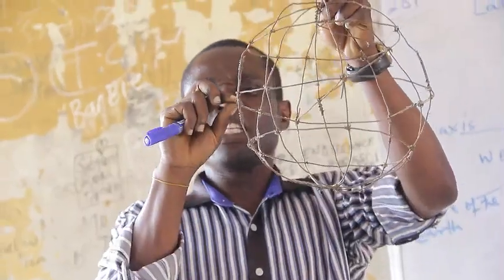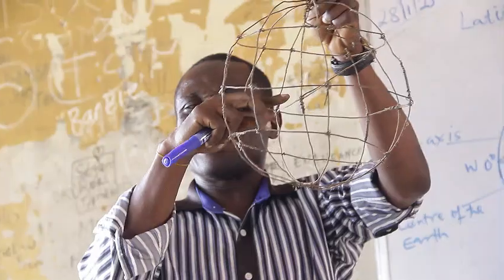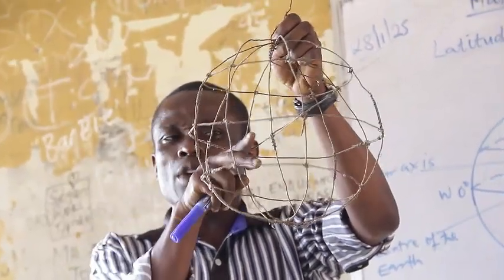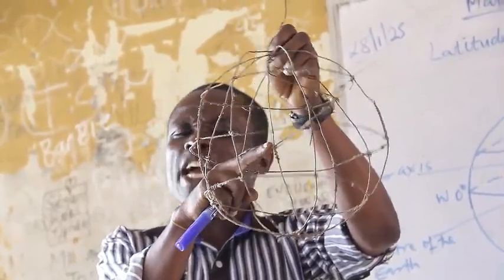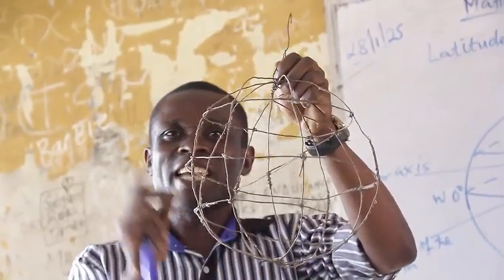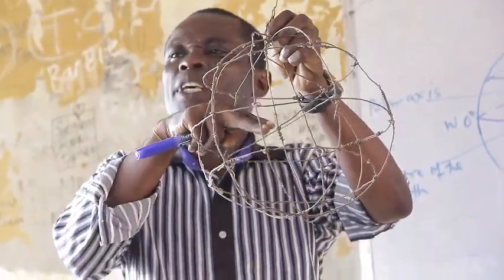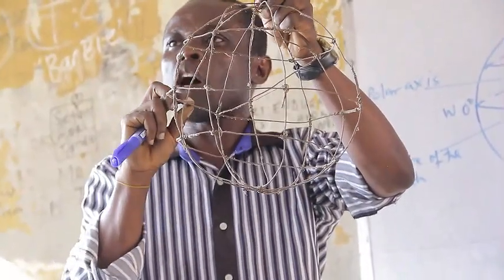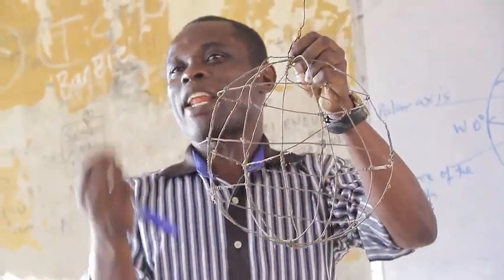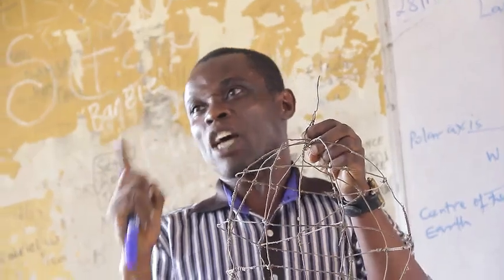Now this equator that I'm holding here, the center is here. This is the center of the Earth. When you draw a line from the center of the Earth to any part of the circumference, it's called big R. There is a difference between big R and small r. So this one is big R. That is why the equator is a great circle. It's a parallel of latitude and it's a great circle. That is the only latitude that is a great circle.